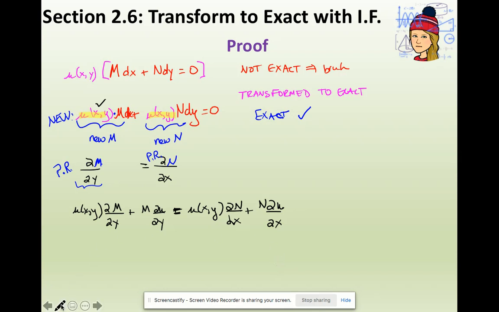Now remember what I'm after. I'm after the integrating factor. I want to know what the integrating factor is equal to, so I'm going to collect those terms on the left and factor, and move everybody else to the right.